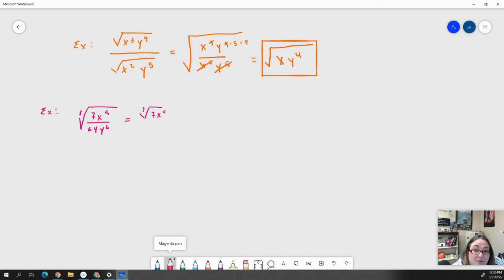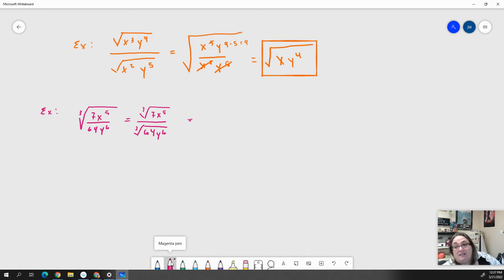The reason I'm separating them is because there is nothing in common on the top to the bottom. 64 is not divisible by 7. Up here I have x's. I don't have any y's. So I'm just going to separate them now and do them as separate pieces, right? I could still break them down underneath if I want. I just find it easier to do this way since they already have nothing in common.